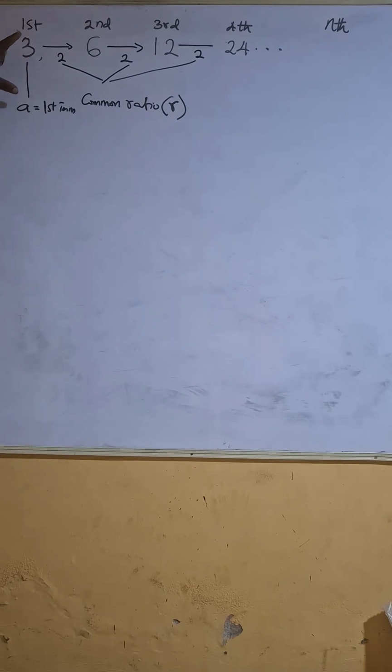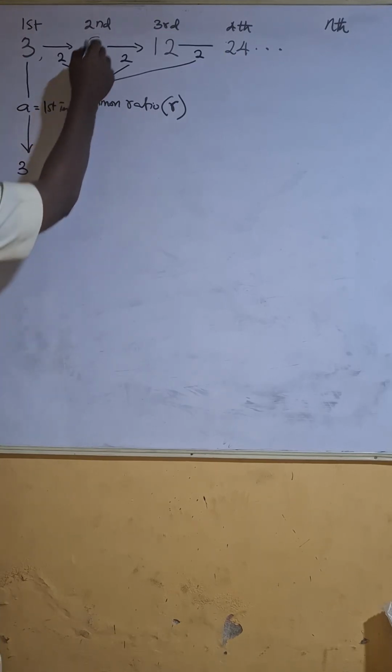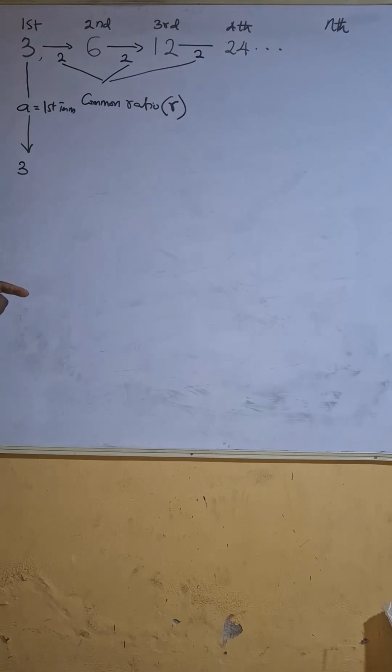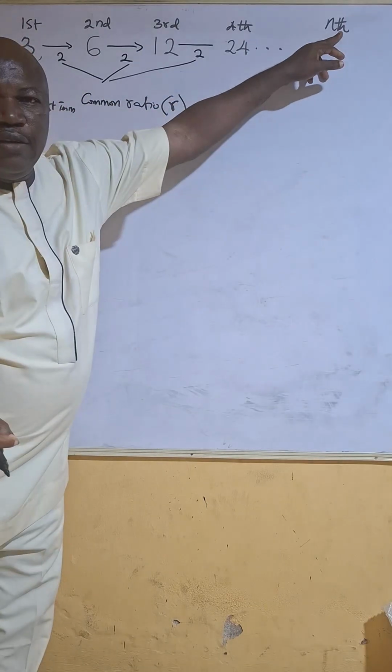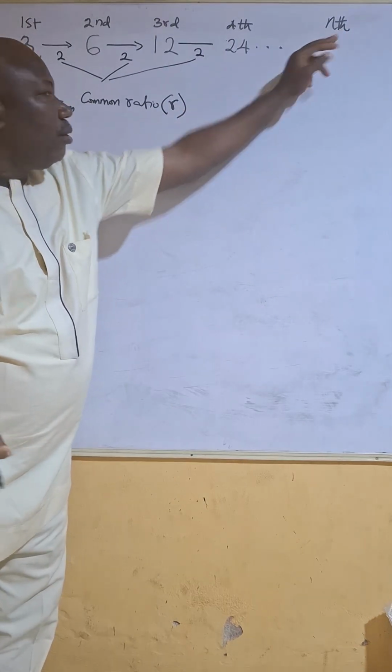Now, let's come down a bit. This one, like we said, is 3. What we are trying to do here is to arrive at the formula for the nth term of a geometric progression.